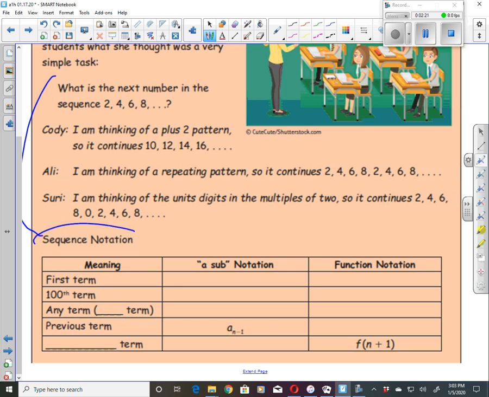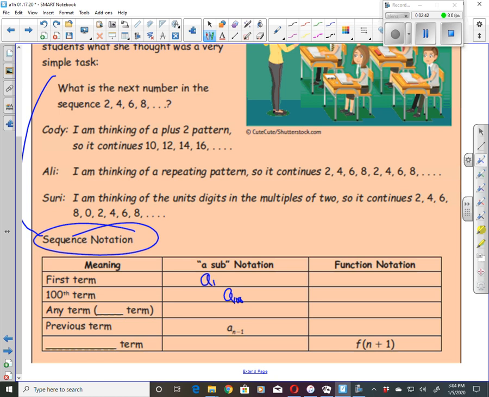This is important. Sequence notation. The first term as a subscript is always going to be a sub 1. The 100th term would then be a sub 100.